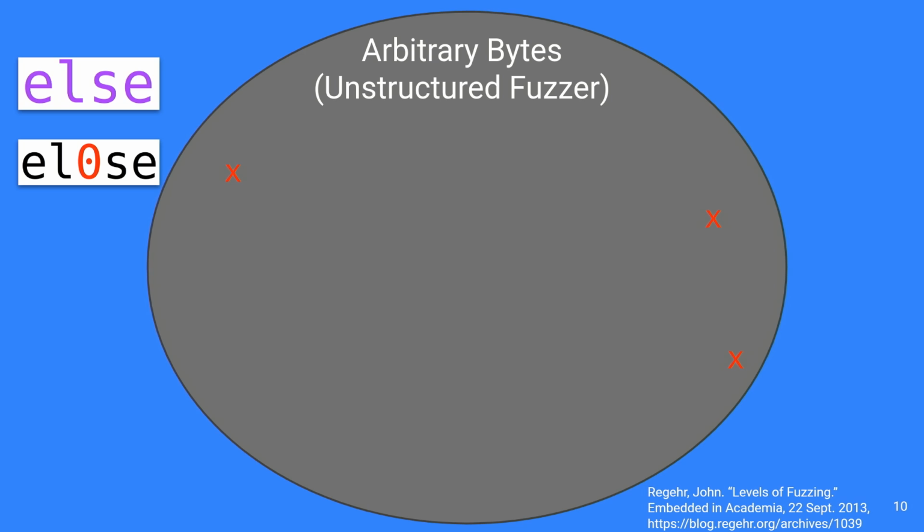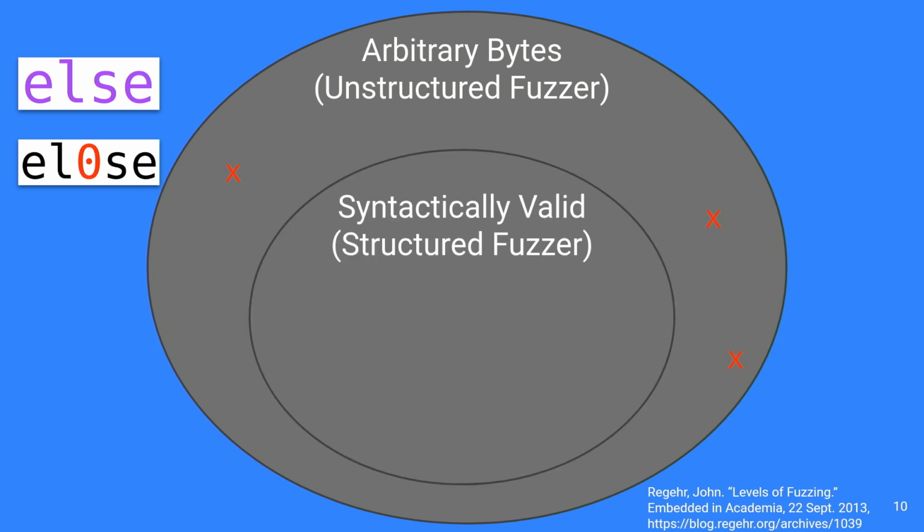And so to focus on finding these bugs that live at this higher level of abstraction, with structured fuzzing, we can constrain our input so that all of our inputs to the target obey certain constraints. So with the structured fuzzer, we can make it so that every test case we create is syntactically valid JavaScript. And so we can be sure that all of these end up getting executed.